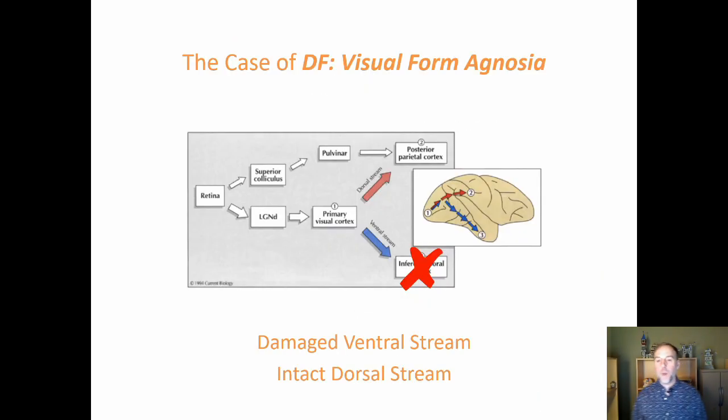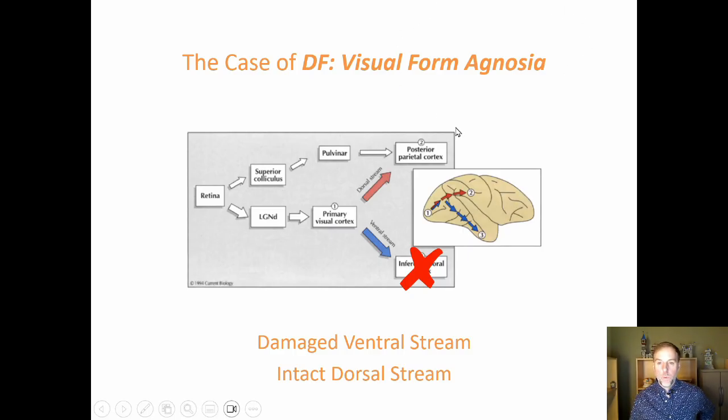We're going to look at two ways to understand the dissociations of these streams. The first is by looking at two unique individuals. The first, DF, has damage to her ventral stream, so her dorsal stream is completely intact. The second, RV, will have the opposite condition. We'll save her for after we cover DF. So DF's condition is called visual form agnosia.